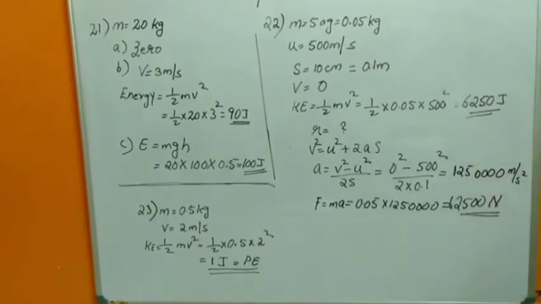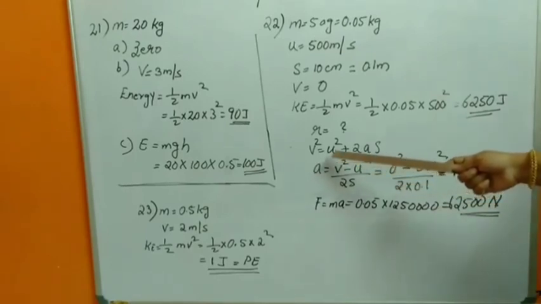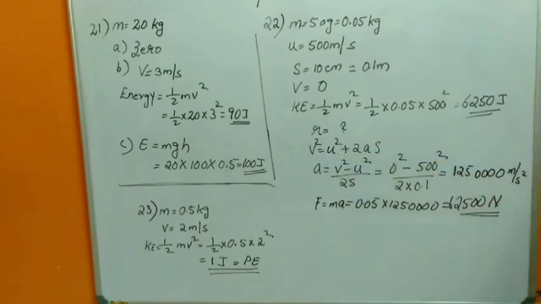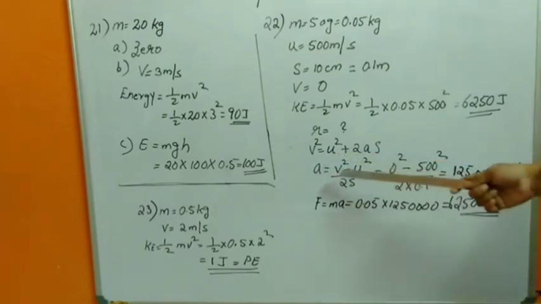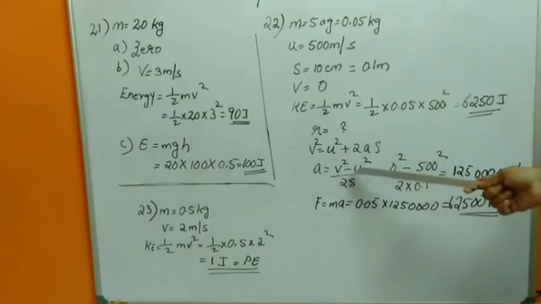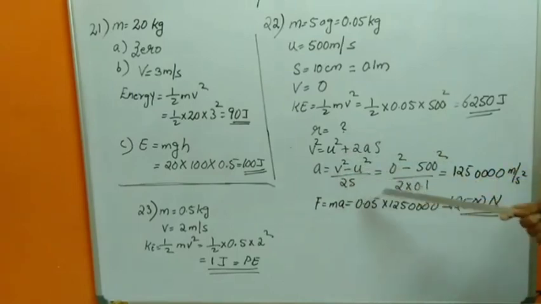The second question is to calculate the average retarding force. To calculate retarding force, first we have to calculate the retardation. Here we have the formula v square is equal to u square plus 2as. So a is equal to v square minus u square by 2s. By calculating, you will get a negative value, negative 500 thousand.